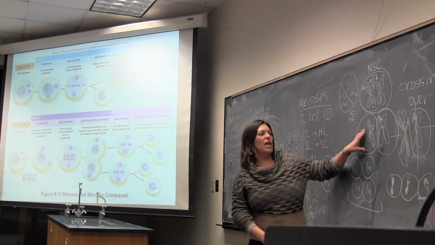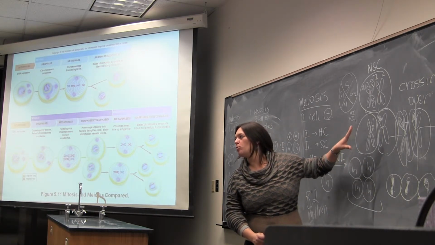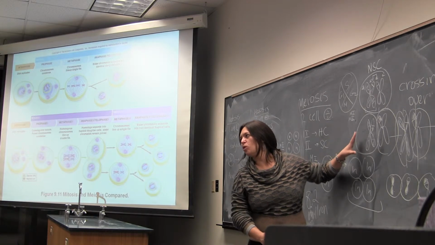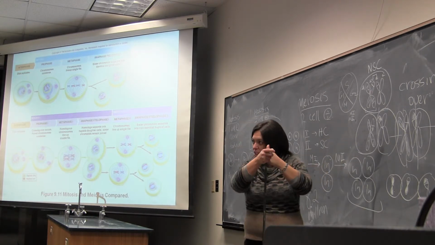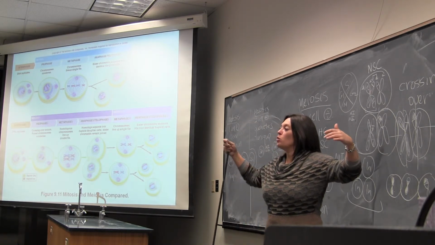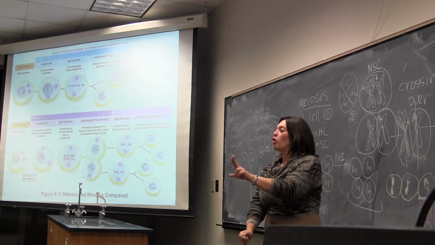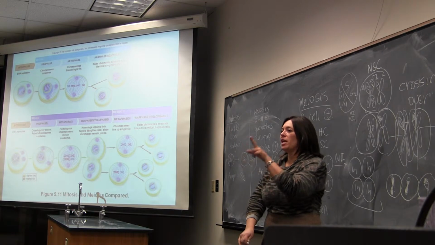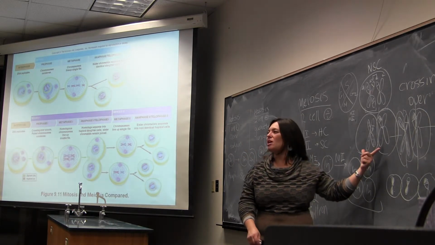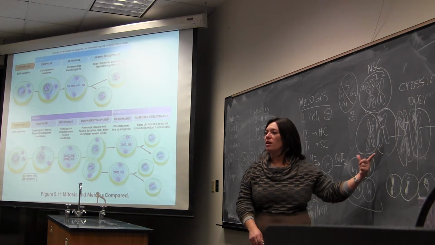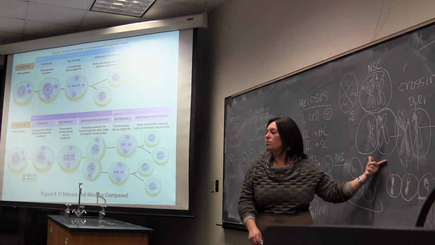So this cell is going to have either mom's chromosome 1 or dad's chromosome 1. Not both, because that's what we're separating. And so in order to be diploid, you have to have this complete pair of chromosomes. You have to have both versions, mom and dad's. But since we just separated mom and dad from one another, that's why these cells are going to be haploid.